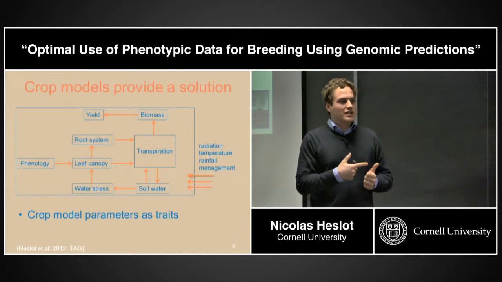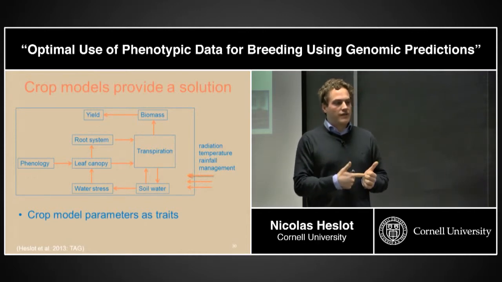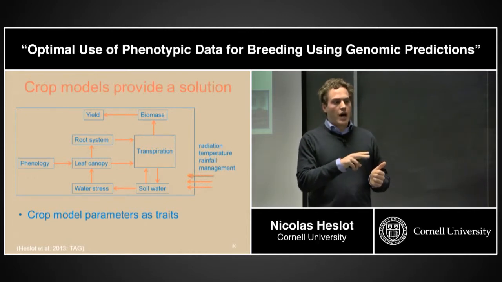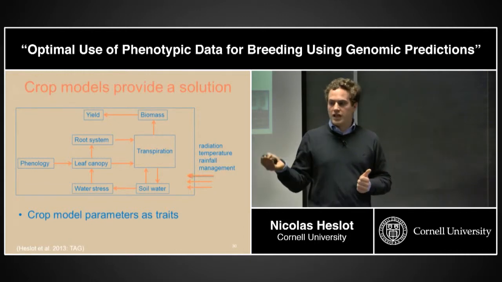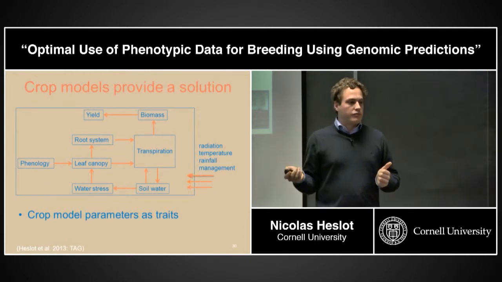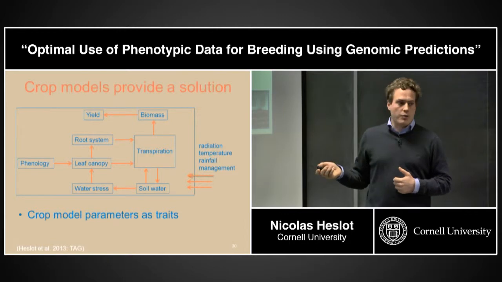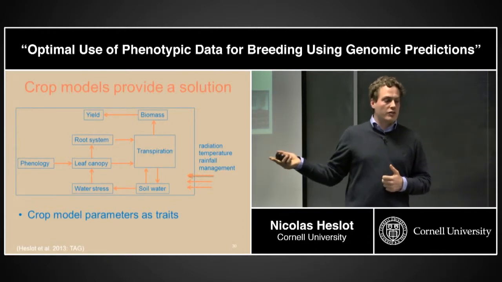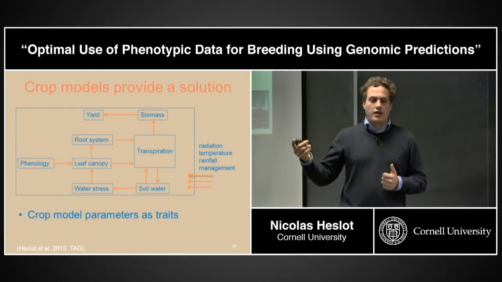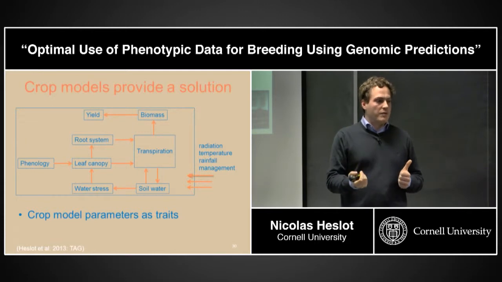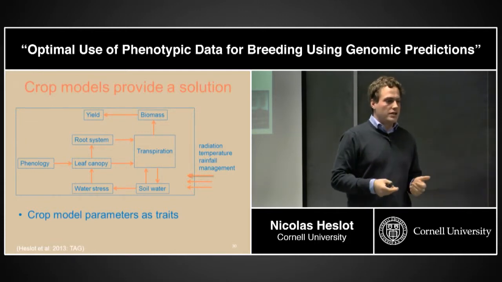The first one is that it's not at all clear whether crop models are sensitive enough to distinguish between two highly selected genotypes. There are really conflicting reports in the literature about it. So we might not be able to pick up the small differences that make one genotype the best performing in the field compared to a basic one.